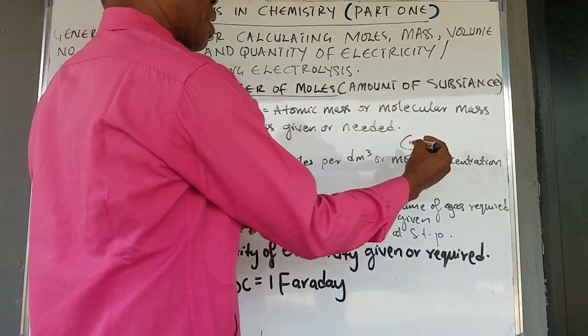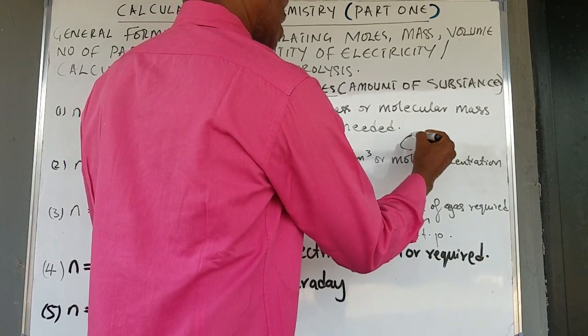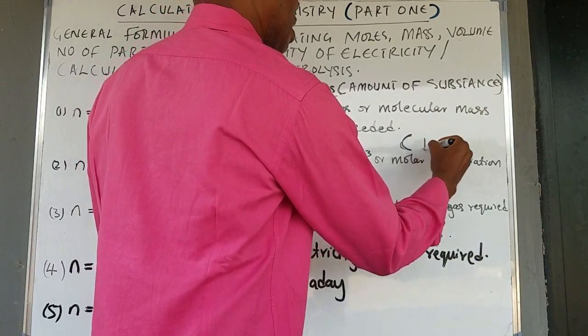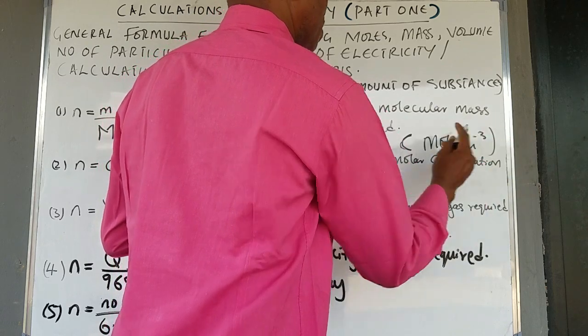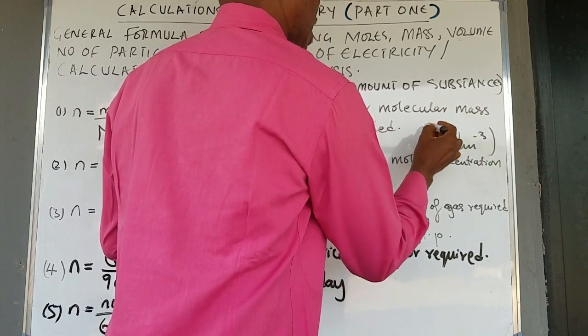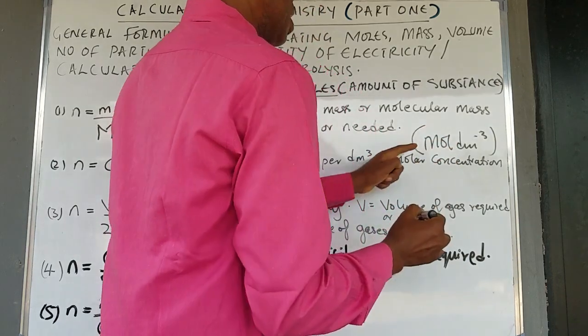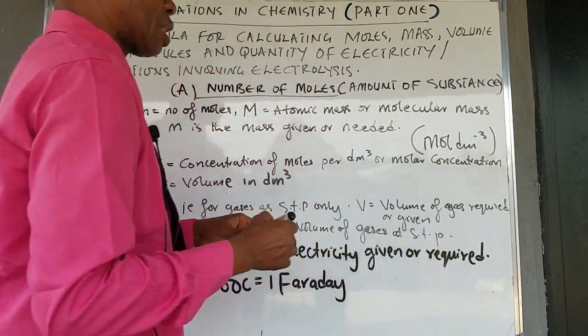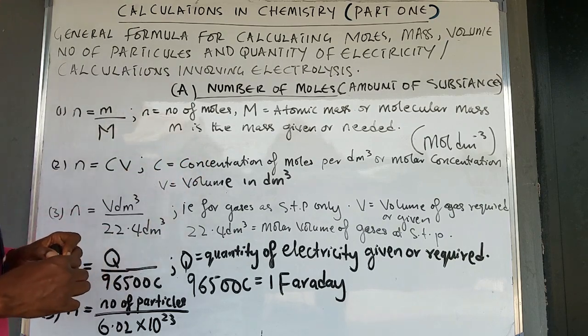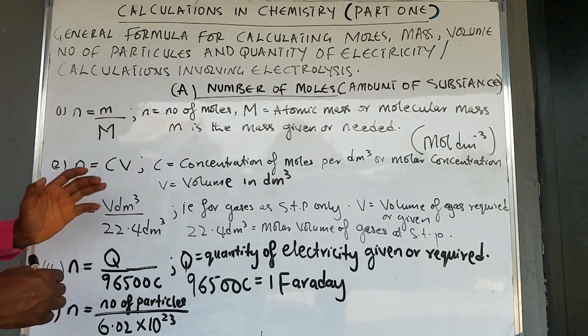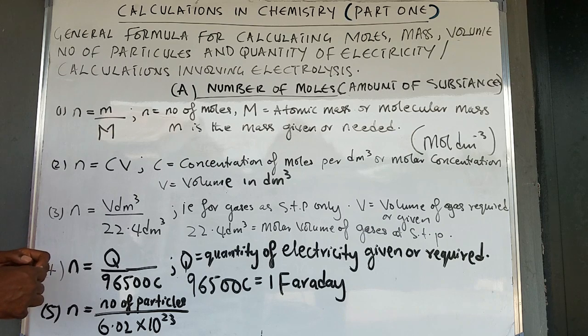One of the things you find out in molar concentration is that the unit is normally written like this, mole per dm³. So anytime you see any value given to you in mole per dm³, without much ado, that particular value is the molar concentration, or what you call concentration in mole per dm³.